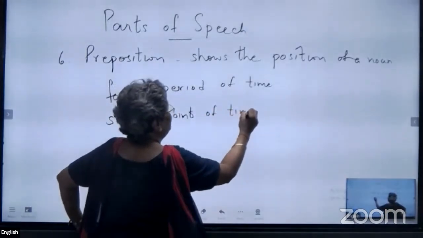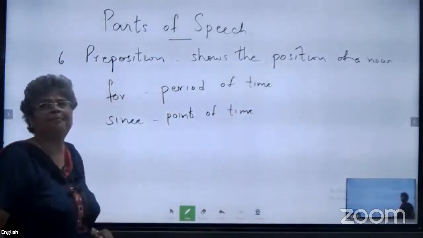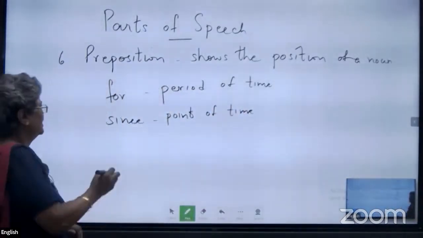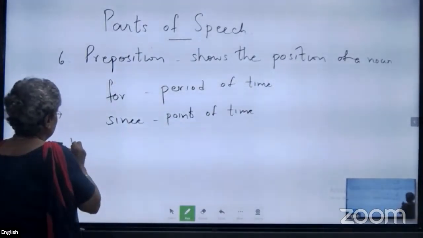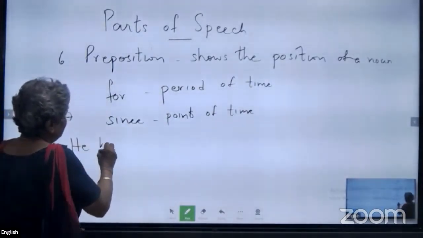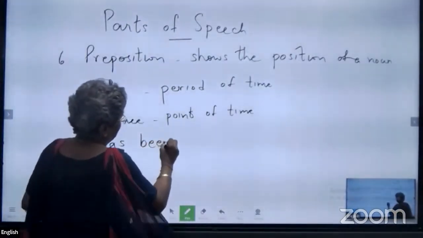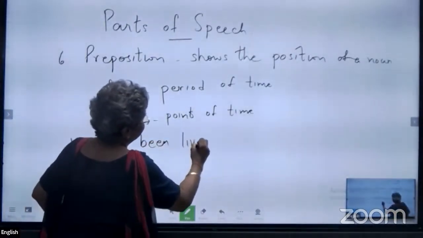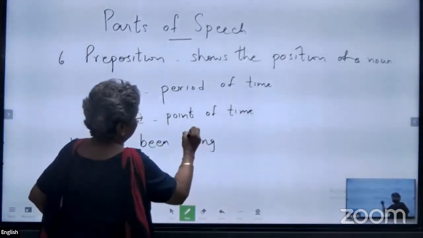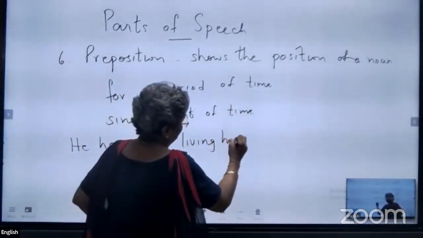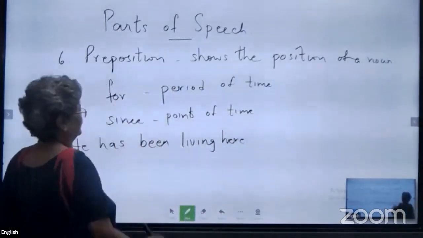Now, what do you mean by period of time and point of time? Like a sentence. He has been living here, you can use both.